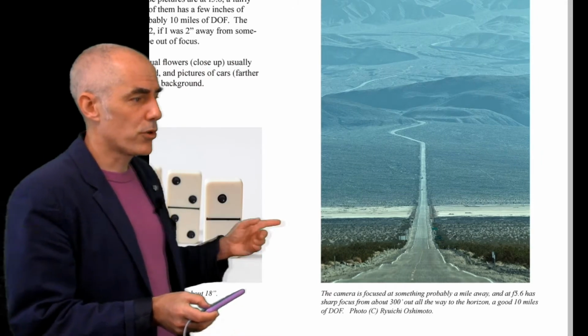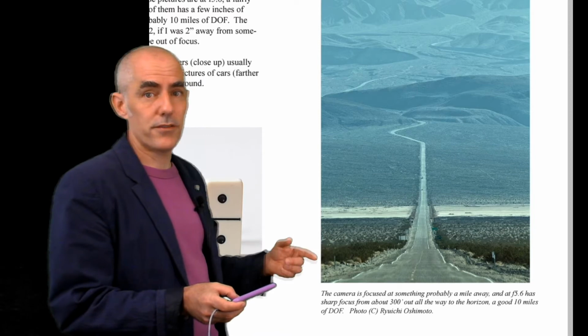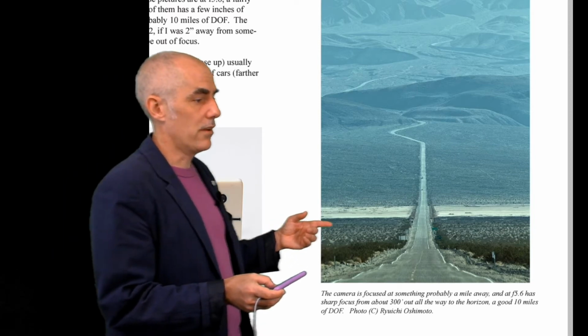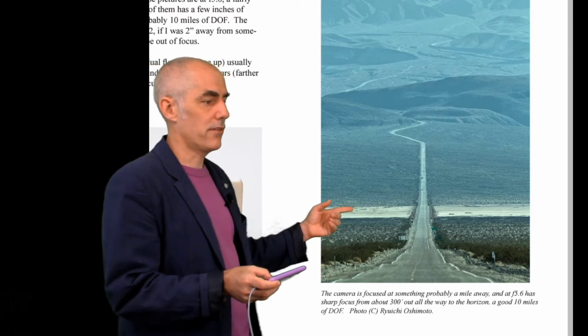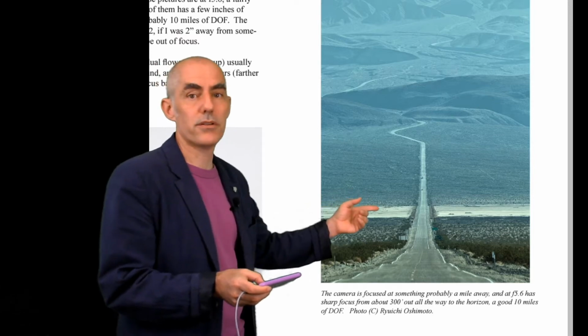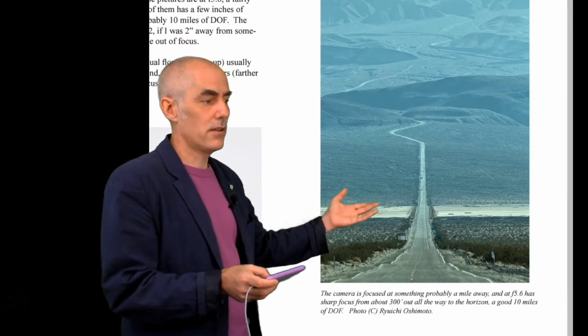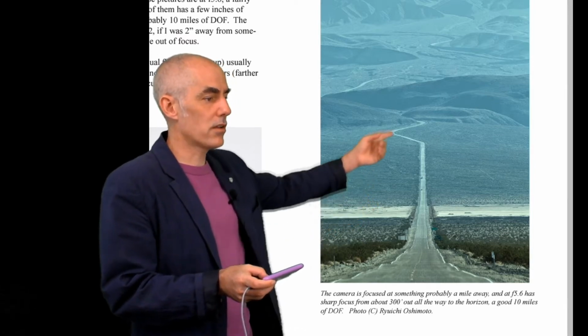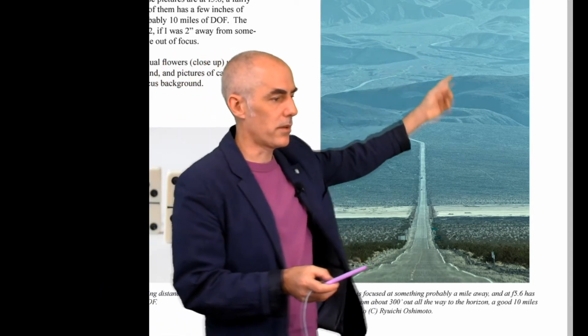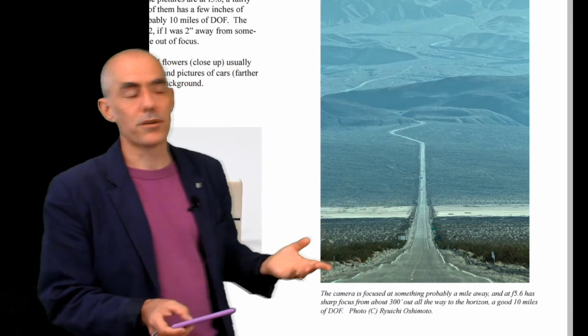If I had 3/4 of an inch in focus in front of it, and 3/4 of an inch in focus behind it, if by the time I got 2¼ inches away, it was super, super blurry, right? All of this stuff that is like miles and miles in the distance would be completely blurred out and you would have no idea what it was, right?